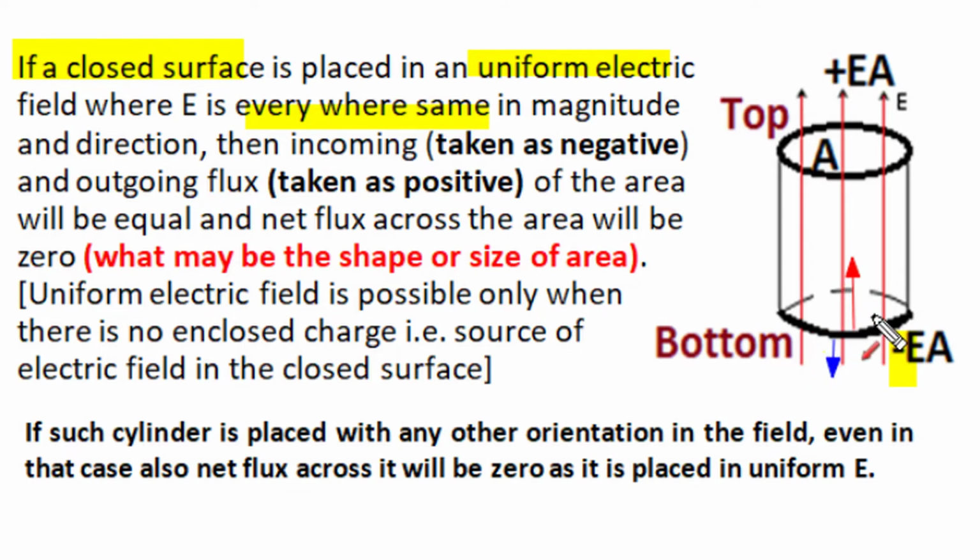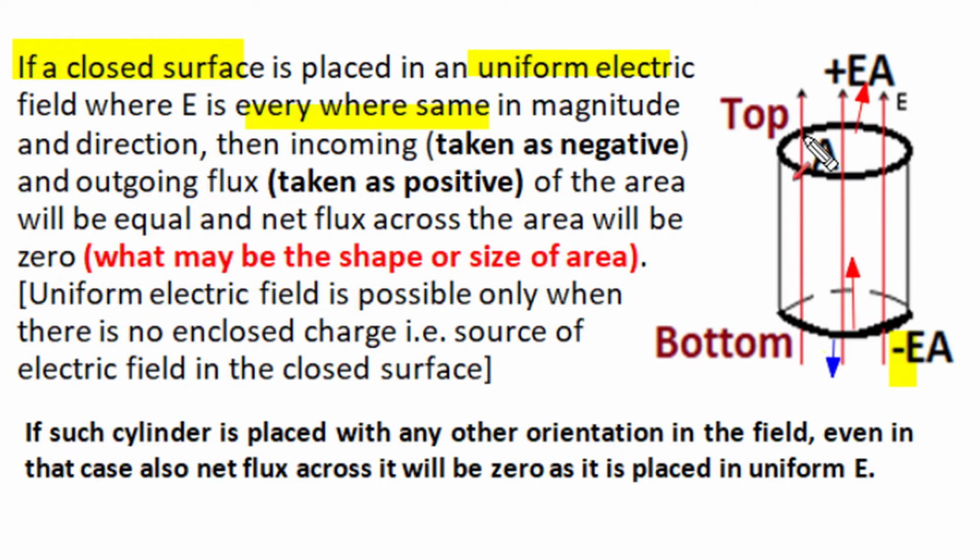So the net flux through this bottom area is minus EA, or we can say incoming flux is taken as negative. Similarly, at this top surface both E vector and area vector are normal outward and in the same direction. So net flux which is outgoing from top surface is E into A. So net incoming flux negative, net outgoing flux positive are equal and opposite. So total flux from this area is 0.